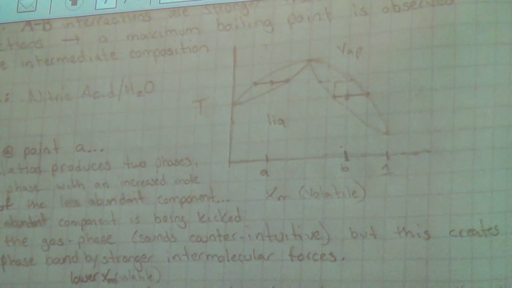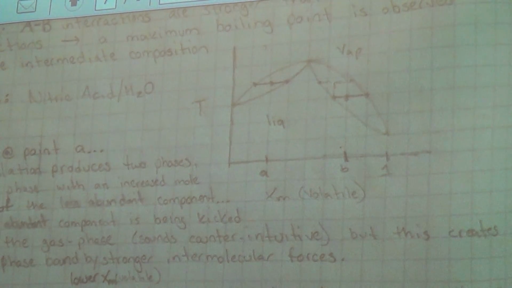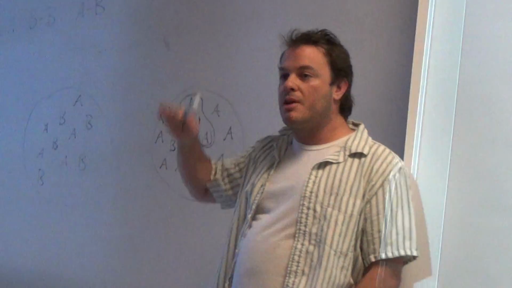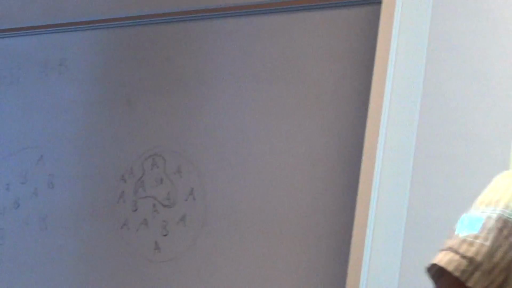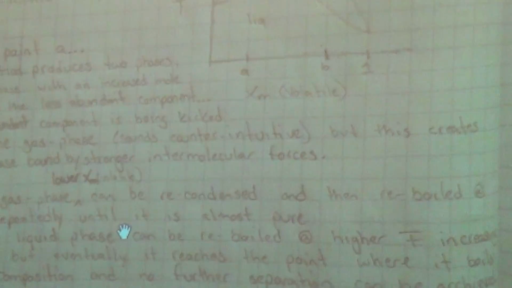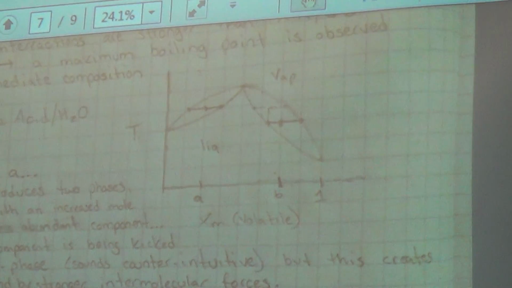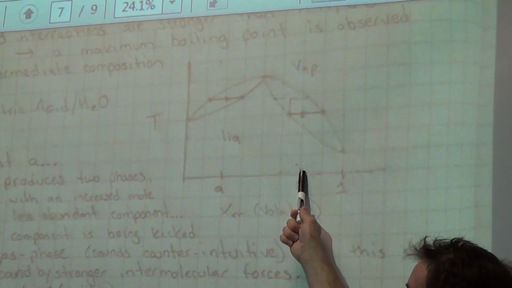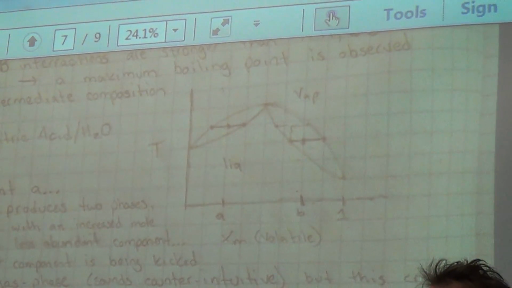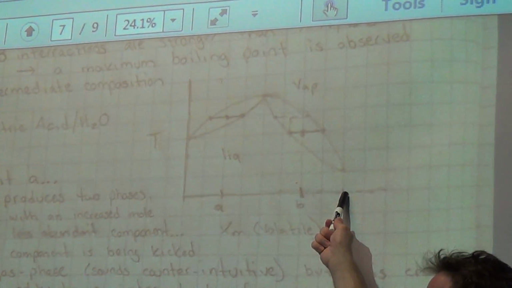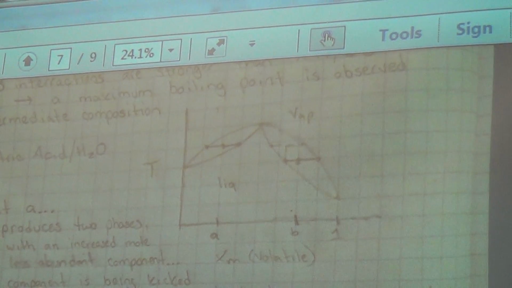Once you get to that situation, when you start distilling, only these units pop off. And so your vapor phase and your liquid phase stay at constant composition, right? And that's what we're trying to show with this graph, is that the liquid remaining moves backwards towards the maximum boiling azeotrope, and the gas phase popped off moves towards being pure.